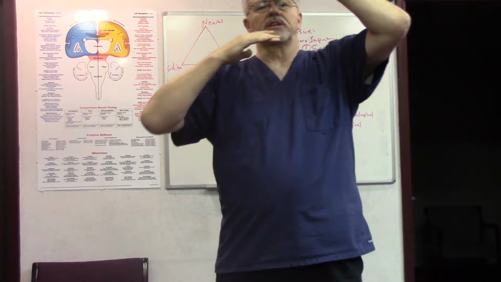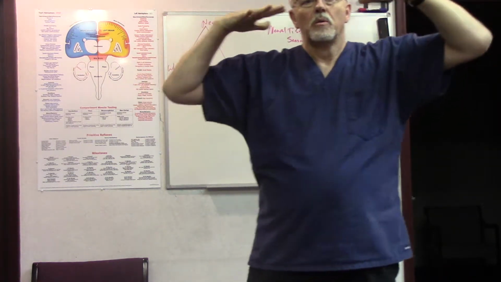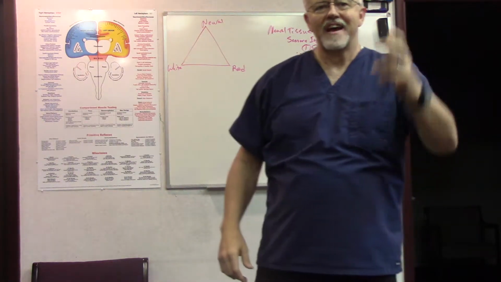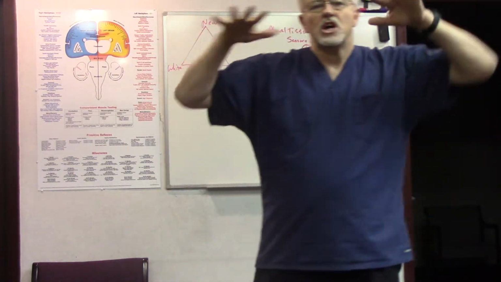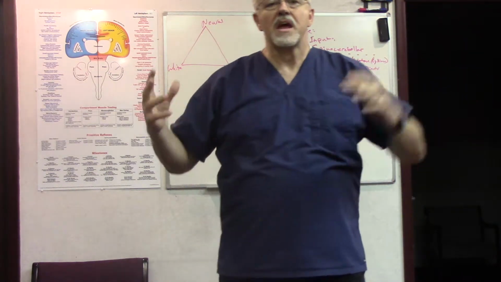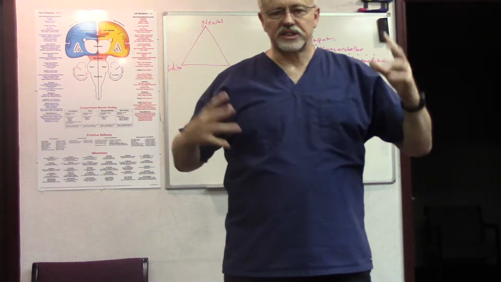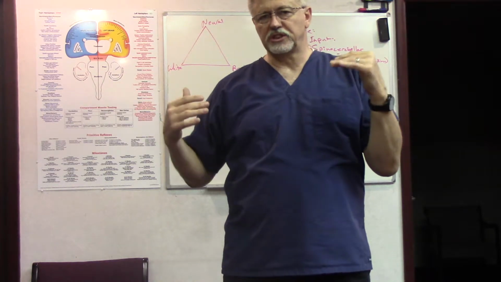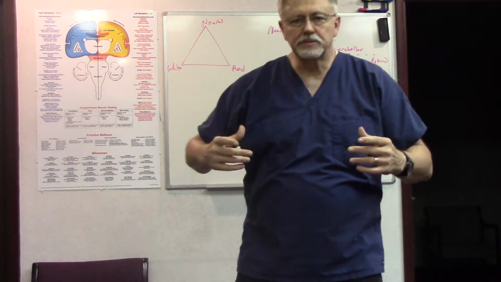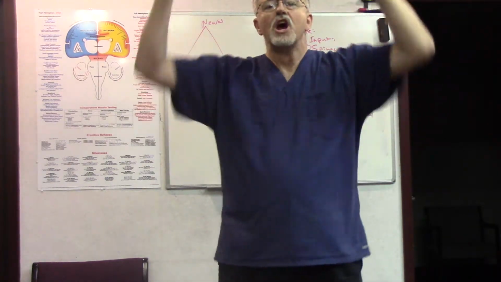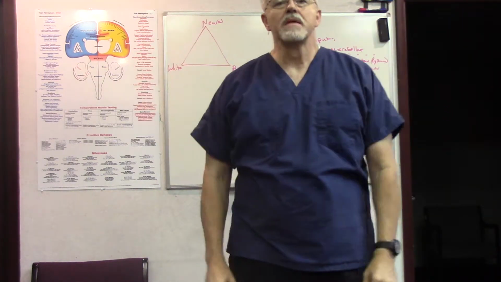We could change the head position so that the orbits are optimally in their position, which is obviously also leveling and symmetrizing the positions of the labyrinths, which include the otoliths and the semicircular canals, so that they're in their optimal position. Changing the symmetry and postural positions of the structure of the body so that they can optimally respond front to back, side to side to the forces of gravity.